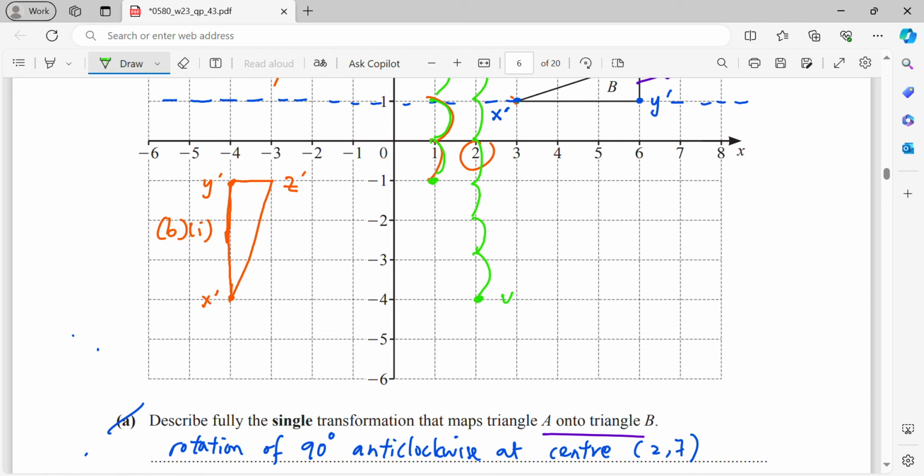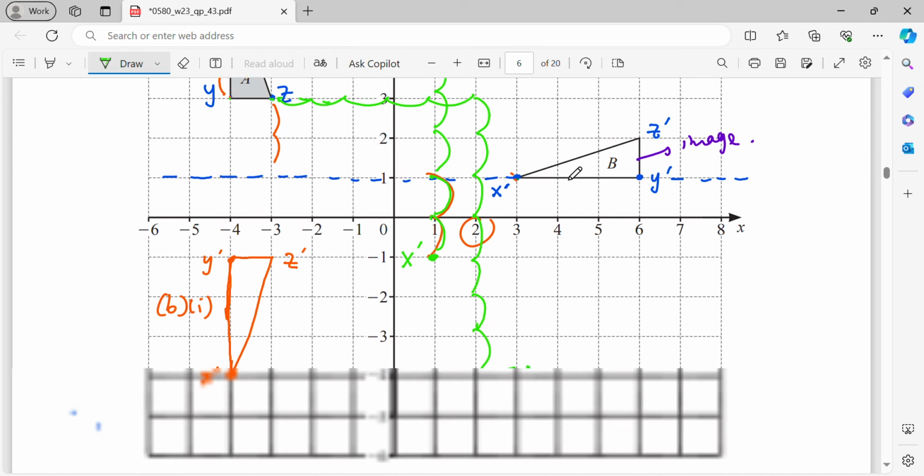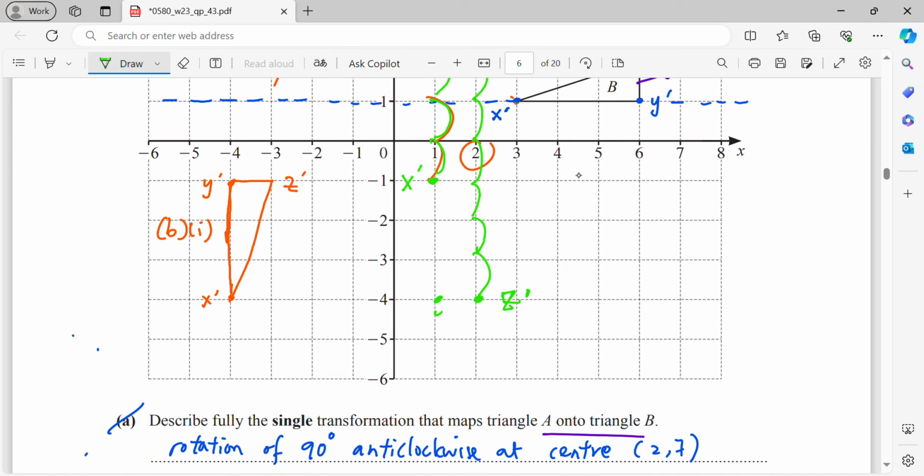This is my Z. This is my X. And we know that the Y is the same level as the Z, so just add on here. This is your Y prime. So this is the image. Alright, so this is the answer for B part 2.